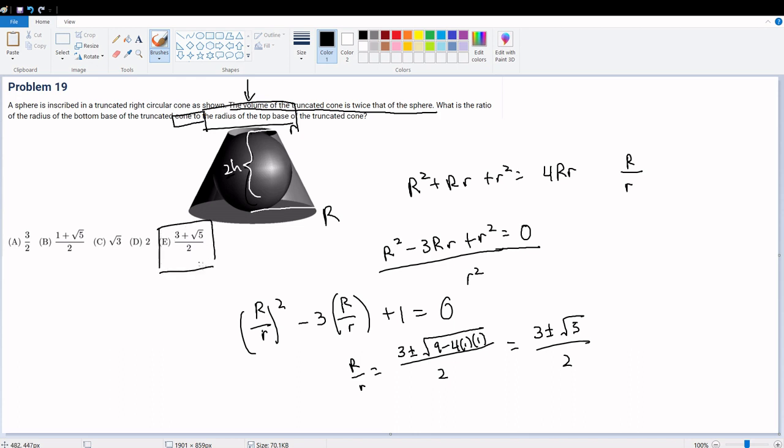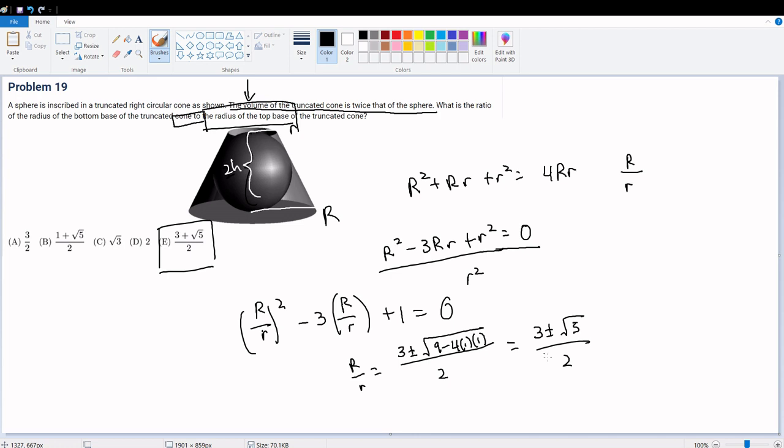Now, before I end this video here, I would like to explain why this 3 minus root 5 over 2 does not make sense. Intuitively, big R over little r should be greater than 1 because big R is greater than little r, it looks like.